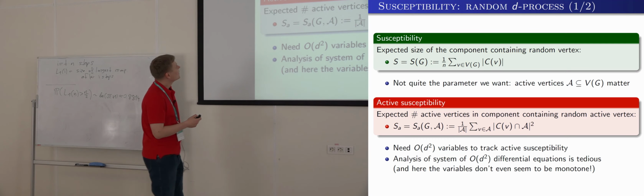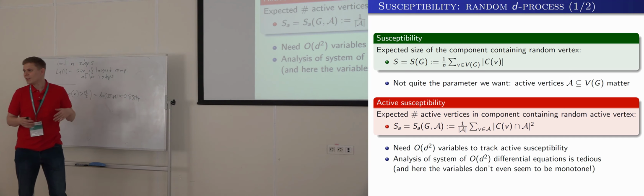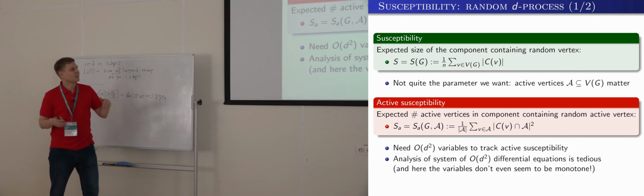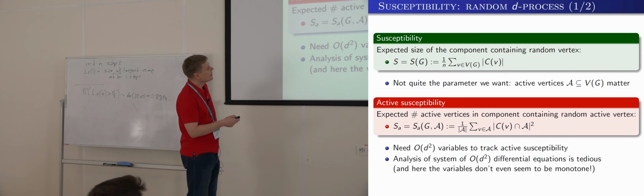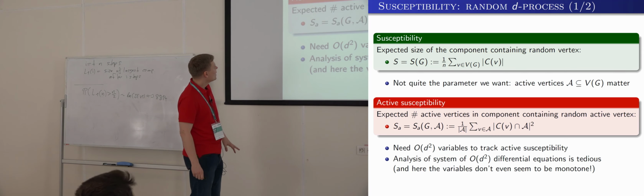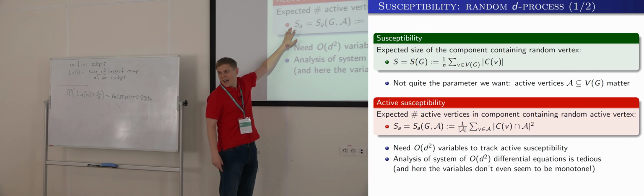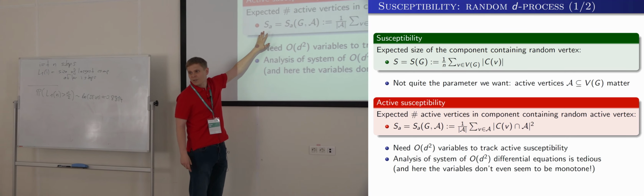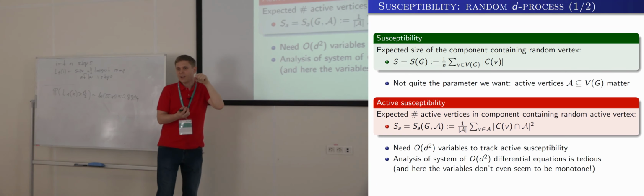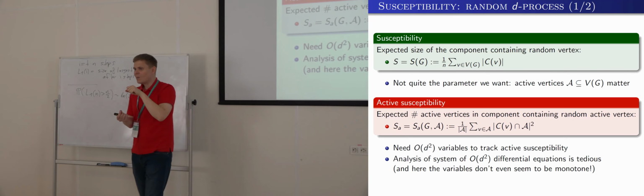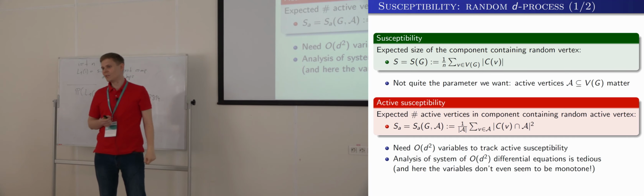That motivated us to look at a variant of the susceptibility which takes into account which vertices are active. Suppose we denote the active set by script A. Then it turns out that this is a good quantity to look at. We want to look at the active susceptibility, which is the answer to the following question: sample a random active vertex, and ask what is the expected number of active vertices in the component containing that randomly chosen vertex.